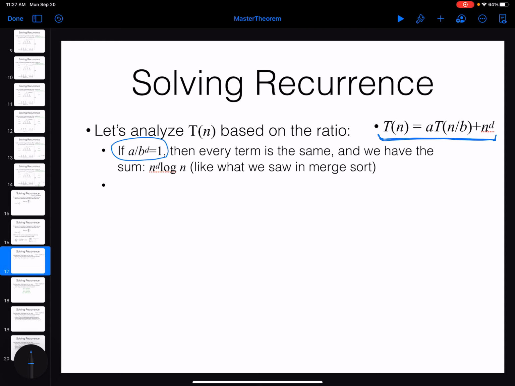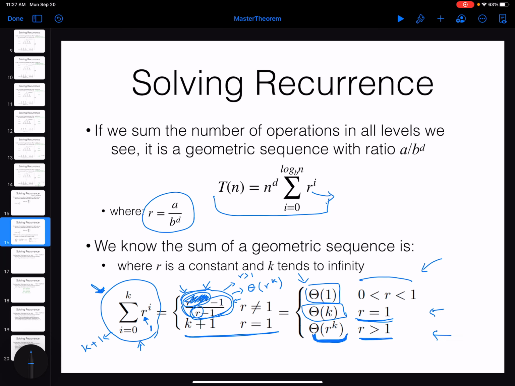If the ratio A divided by B to the power of D is equal to 1, the result of T of N, if you go back to this formula, I'm going to just write it down for you. The result of this summation, if the ratio is 1, is going to be theta of K, right? What was K?